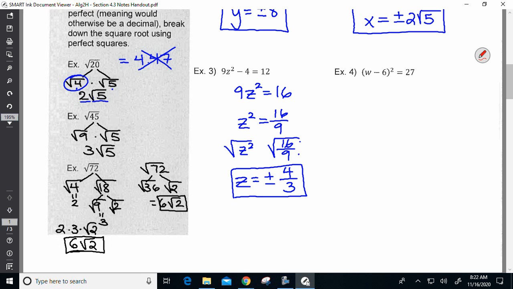Do not take this problem and write it as w minus 6, w minus 6 equals 27, because there's no way you're going to take the square root of that. This is a situation in which you are not going to write it twice.